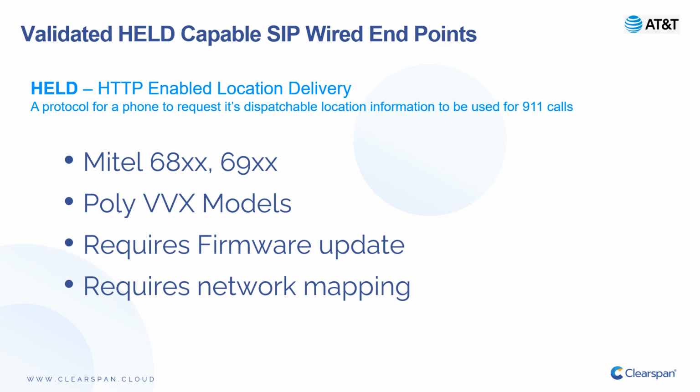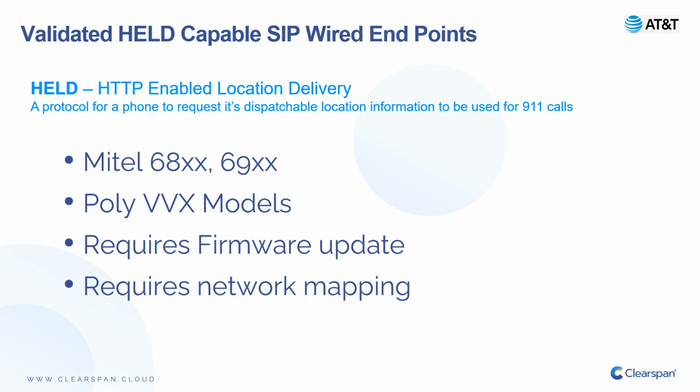Once the validation is completed, any existing AT&T HVS applicable phone would be required to be at the correct firmware level that supports the HELD/LIS functionality. The use of HELD and LIS is based on mapping your network in the Intrado ERS. More detail will be provided in Part 7 of this series.